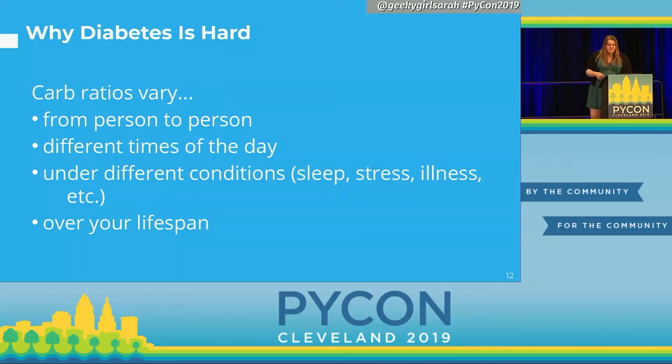And then under different conditions. So when you're sleeping, you might need a little less or a little more, kind of depends. When you're stressed, we'll find out in a little bit that ends up making things go up. Different things like that can alter this ratio. And then it changes over your lifespan. So your ratio last year is not the same as this year, which is not the same as next year. Kind of a pain.